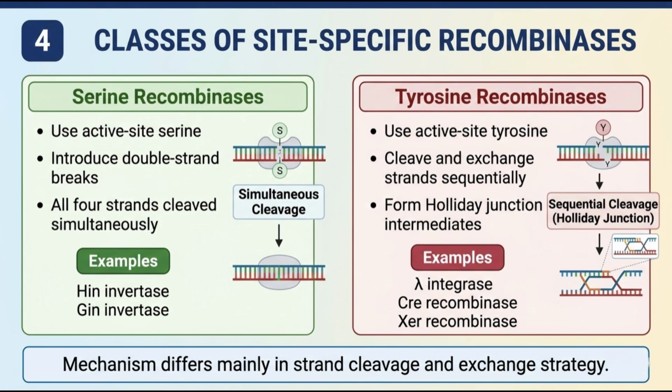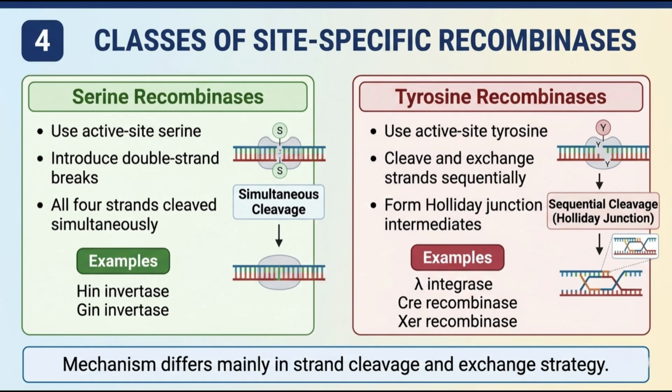Classes of site-specific recombinases. Site-specific recombinases are divided into two major classes: serine recombinases and tyrosine recombinases. Serine recombinases use an active site serine residue during catalysis. These enzymes cleave all 4 DNA strands simultaneously.